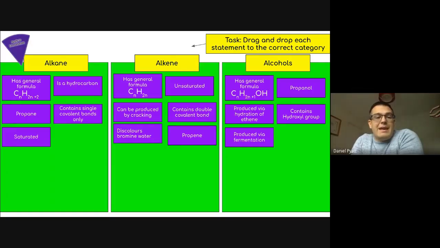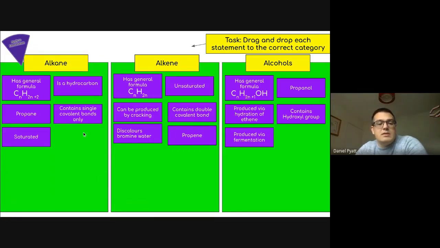So alkanes are CnH2n+2, alkenes CnH2n, and alcohols, as we saw earlier, CnH2n+1OH. Alkanes and alkenes are both hydrocarbons. So actually this box here, the hydrocarbon box, can be dragged to be over both of these. Okay, it doesn't have to just be in one. I'd actually put it on this middle line.